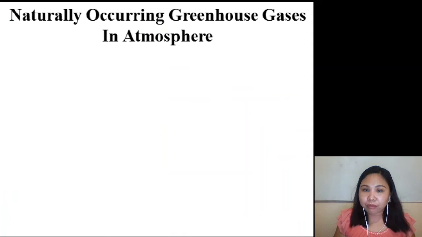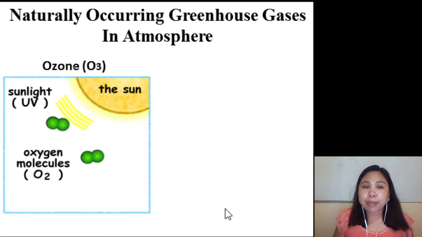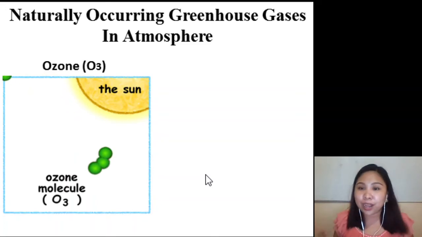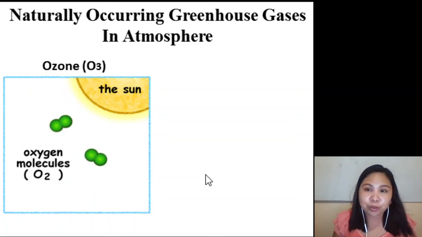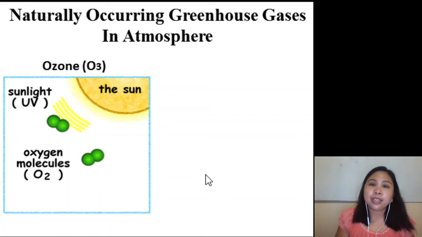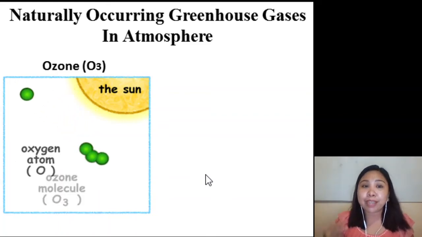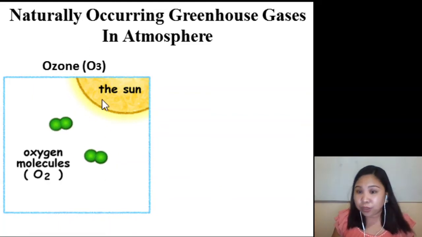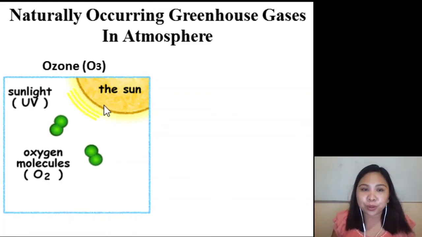Additionally, we have naturally occurring greenhouse gases. The ones I discussed earlier, methane, carbon dioxide, and nitrous oxide, are man-made greenhouse gases. Naturally, we have ozone, the good ozone, O3.